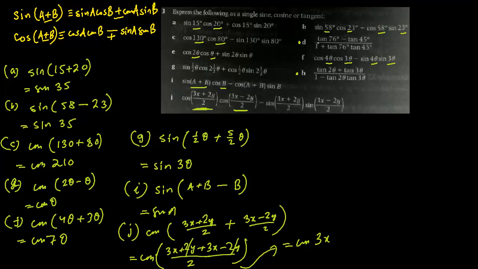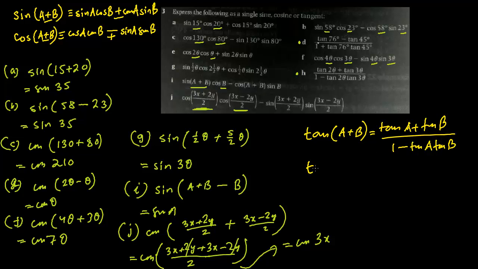Now there is one more sum of angles rule. It is the tan one, which is not very common in the exams. So tan of the sum of the angles A plus B is going to be tan A plus tan B divided by 1 minus tan of the first angle times tan of the second angle.